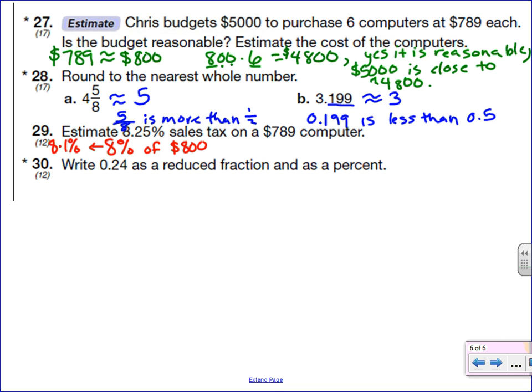And to figure out 1%, you move the decimal point one more place. When you do 10%, you move it 1. When you do 1%, you move it 2. So if I have $800, I'm going to move the decimal point 2 places over. So 1% of 800 is $8, and I need 8 of those. So 8% is $8, which is 1% times 8, or $64.